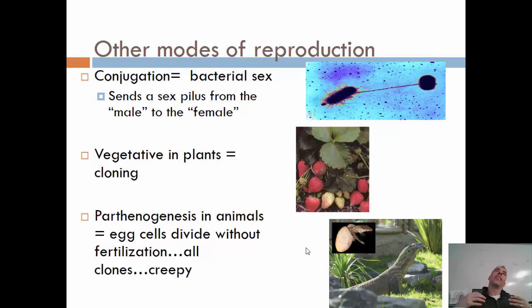She actually births or lays eggs that are haploid, and those haploid eggs become organisms, and those organisms can create haploid organisms and so on and so forth. That's called parthenogenesis. Basically, they're making clones of themselves through laying eggs and not doing fertilization.